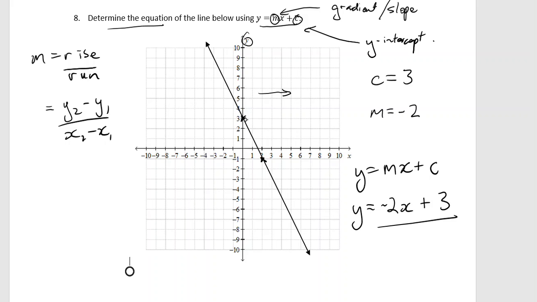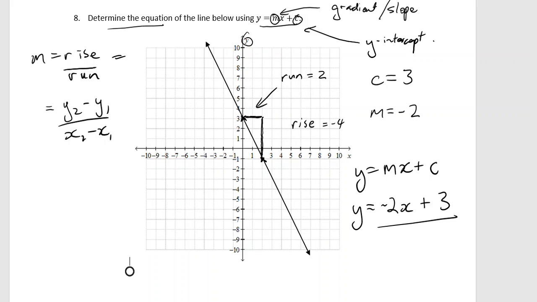And so when we look at it and we try and work out the rise and the run, our run is how far across we go. So for this one, we've got a run of 2. We've gone across by 2. Our rise is -4 because we've gone down 1, 2, 3, 4, down as you go from left to right.